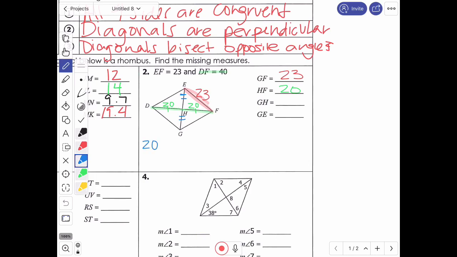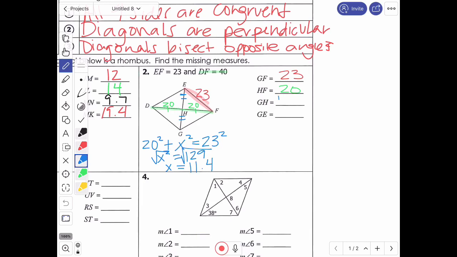So 20 squared plus X squared equals 23 squared. When you square 20 and subtract it from 23 squared, you get X squared equals 129. Then you're going to take the square root of both sides, and X equals 11.4.